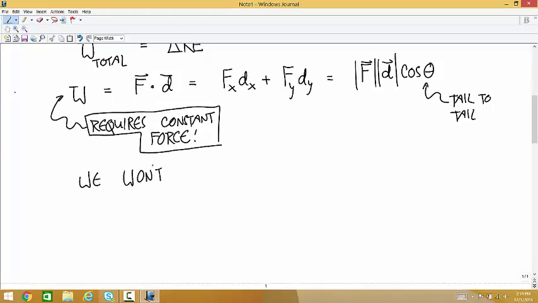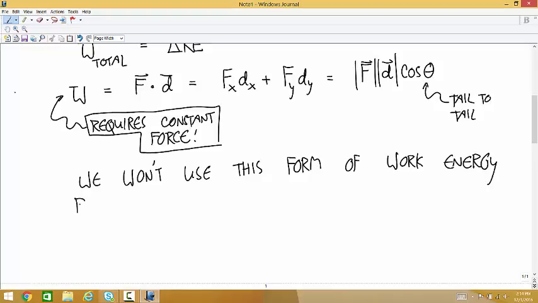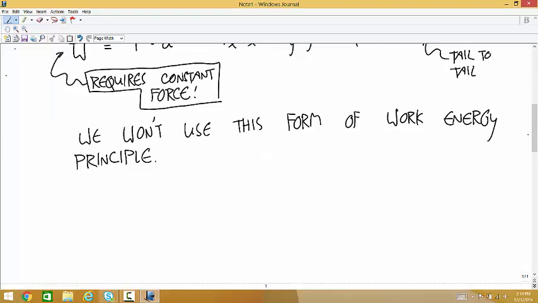So we won't use this form of the work energy principle. We're going to deal with cases where we can simplify the work energy principle, and that is dependent on this idea of conservative forces.